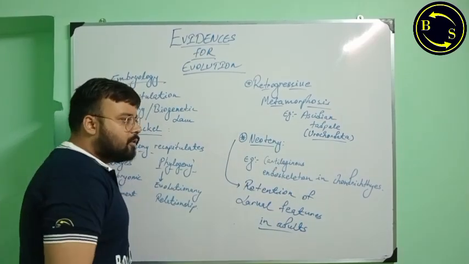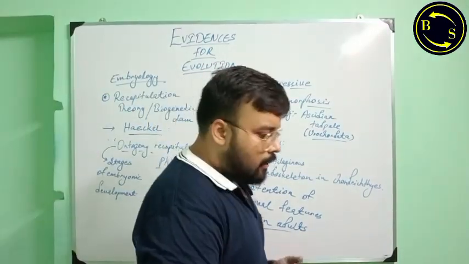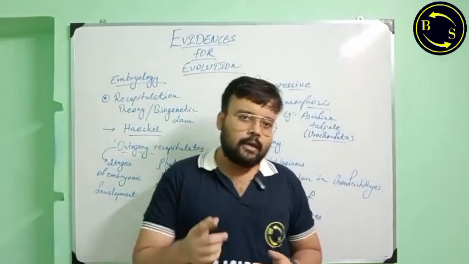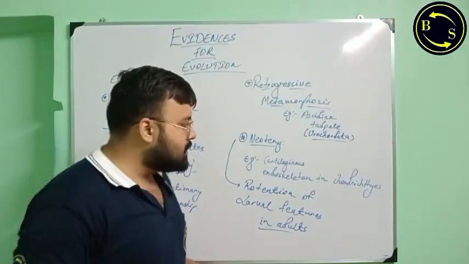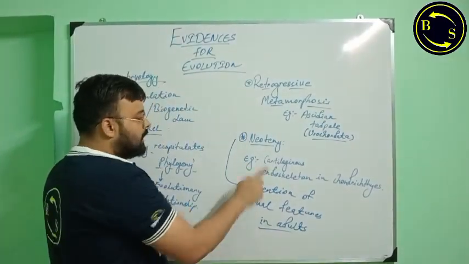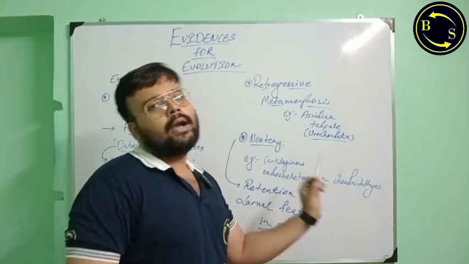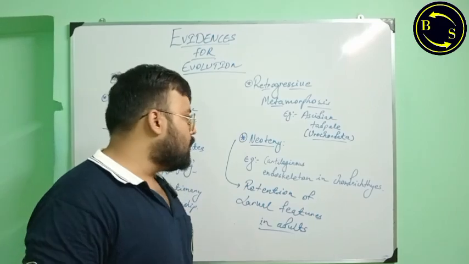See, cartilaginous endoskeleton is a larval feature in vertebrates, but in the case of chondrichthyes such as sharks, stingrays, manta rays, the cartilaginous endoskeleton is present in them throughout their lives. So this is an example of neoteny.